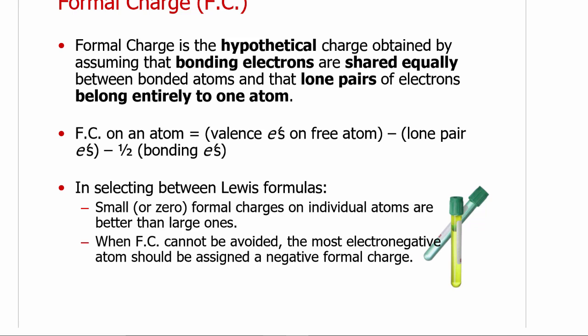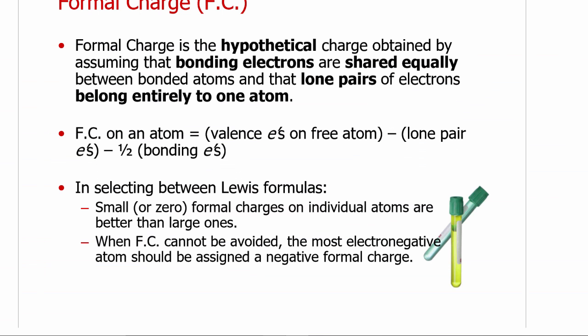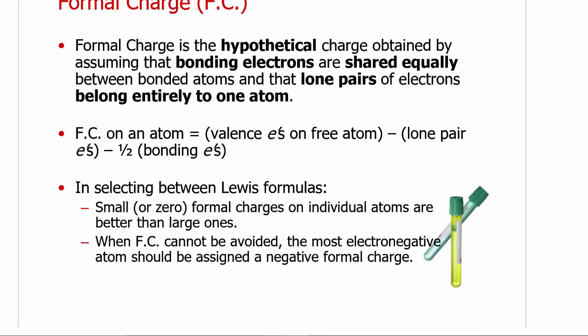So a free atom of sulfur has how many valence electrons? 6. And then we're going to subtract from it the number of lone pair electrons. How many lone pairs are we showing on the sulfur here? 0. So it's going to be 6 minus 0. And then we're going to subtract from this 1/2 of the bonding electrons.